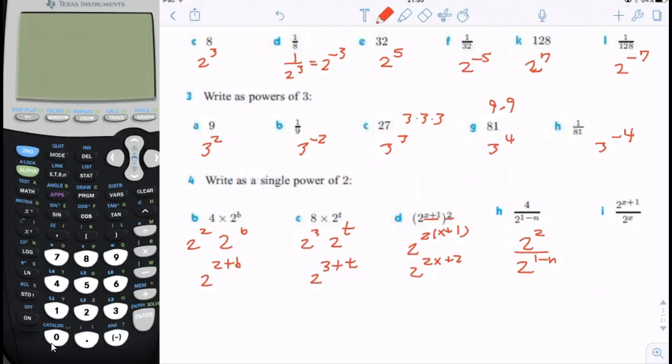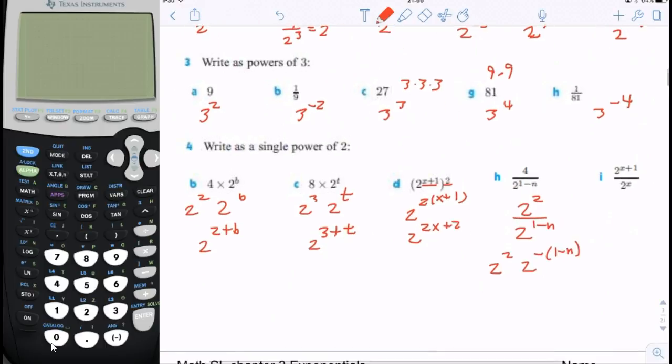We're going to have 2 squared, and then 2 to the negative 1 minus n, because we've inverted. This is in the denominator, so when we put it in the numerator, we make the exponent negative. Now we have the same base twice, so we're going to add the exponents together. 2 squared times 2 to the negative 1 minus n, so it's 2 to the 2 minus 1 plus n.